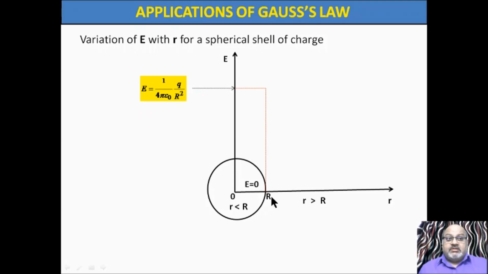So the electric field intensity starts from this point on the surface, and graph will follow this path. This is the variation of E with r outside the spherical shell. Here it is obvious that E is inversely proportional to small r square.